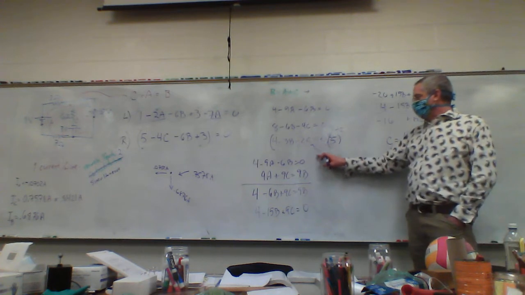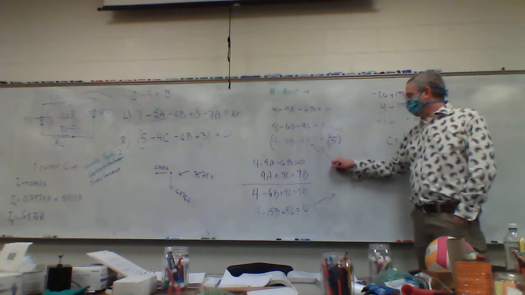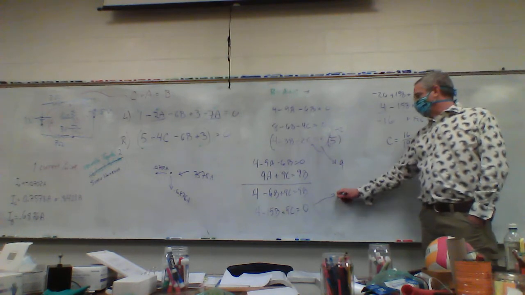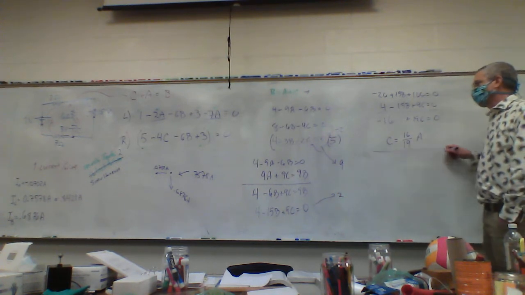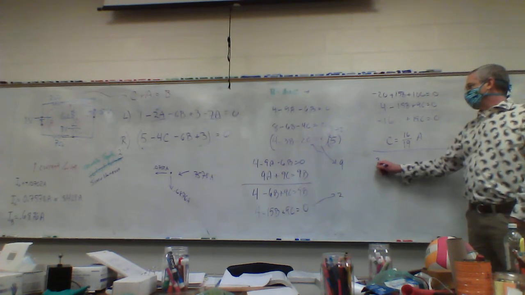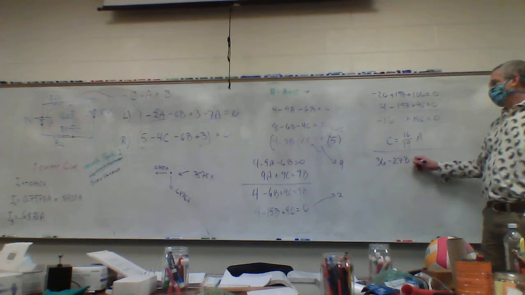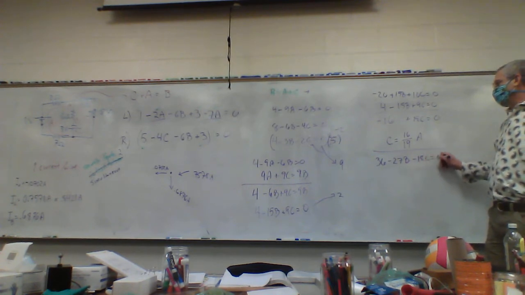So from this equation and this equation, I'm going to multiply this equation by 9 and this equation by 2. So this gives me 36 minus 27b minus 18c equals 0.